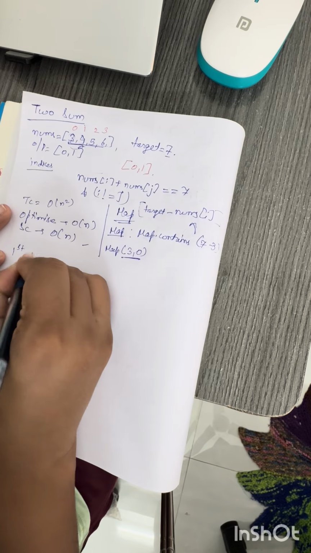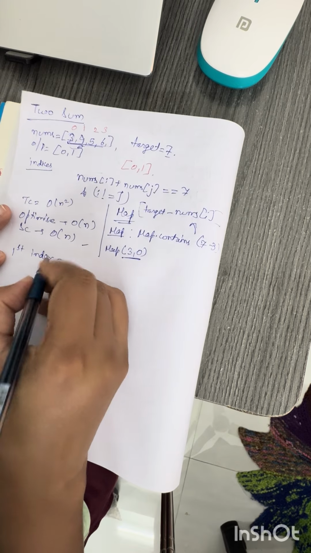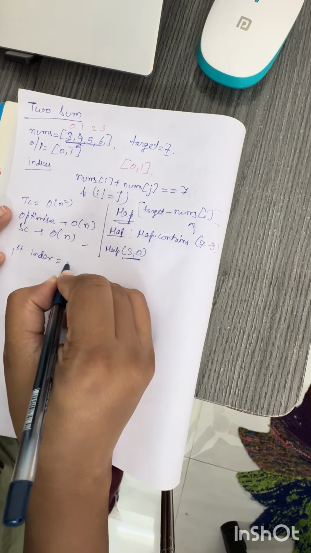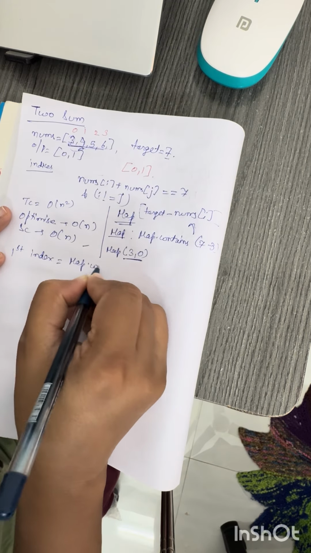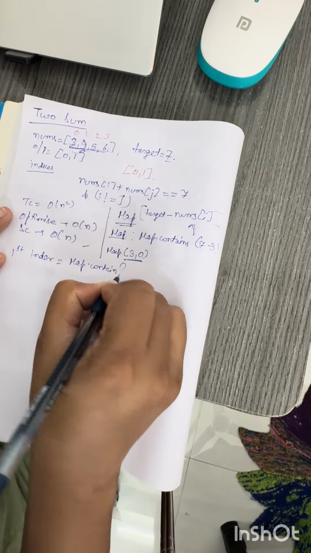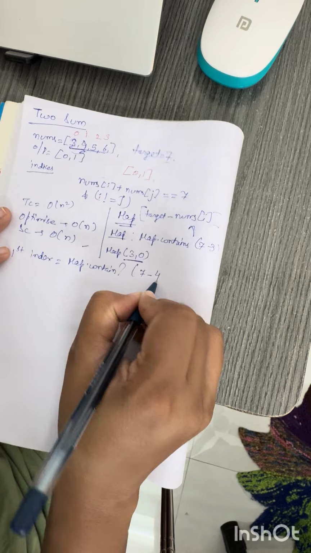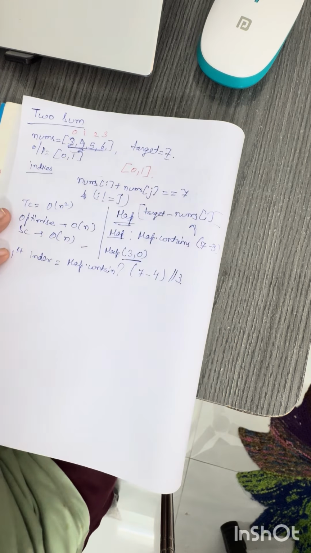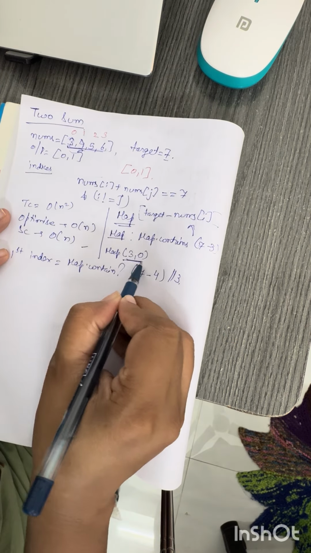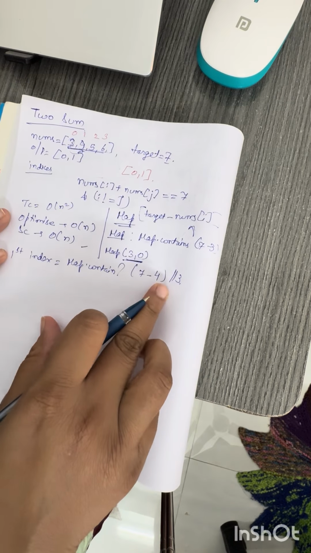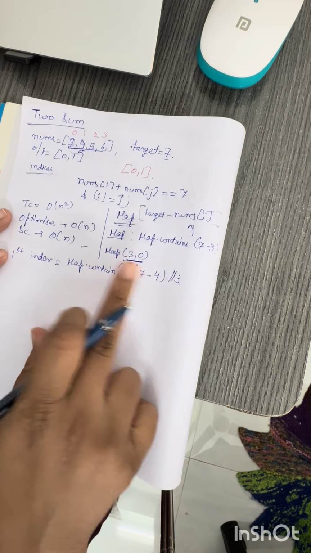Now at first index, we check whether map contains 7 minus 4, that is equal to 3. So we see that yes, map does contain the value 3.